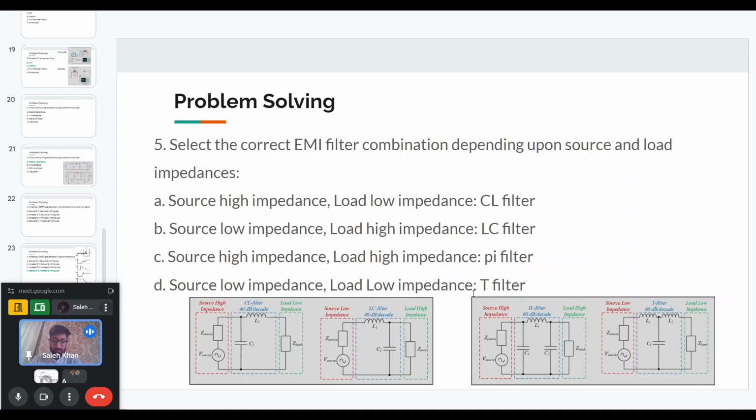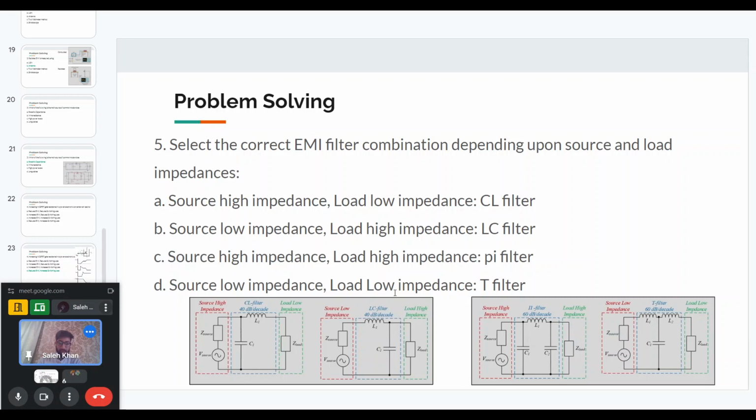For C and D, for C we have a pi filter, and if we have high impedance for the source as well as the load, and in the pi filter the capacitances are connected directly to the source and load, then that is a good option because for a high impedance source and load the capacitance will provide a low impedance path, so the impedance mismatch is achieved. So C is also correct.